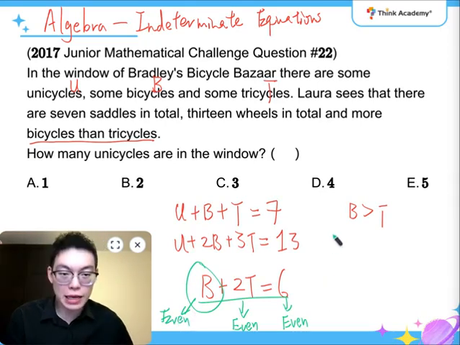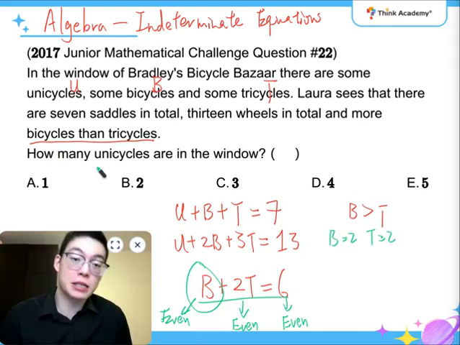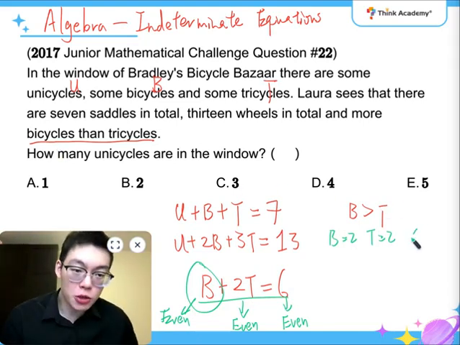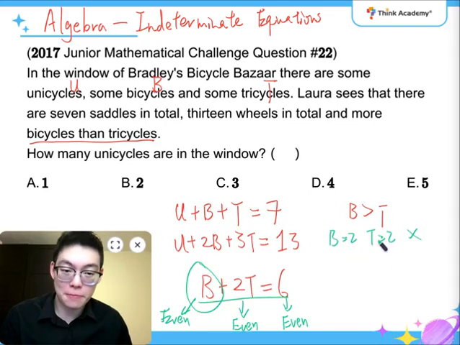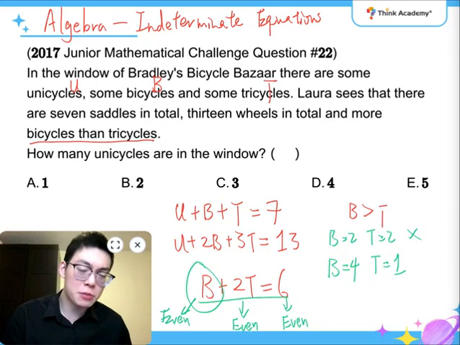Which means that there can be, for example, 2 bicycles. It means that there are 2 tricycles, such that 2 adding 2 times 2 is 6. But then now, B is not greater than T because we know that there are more bicycles than tricycles. So 2 and 2 are the same, which means this is not correct. And when B equals 4, it means that T equals 1, because 4 adding 2 times 1 is 6.